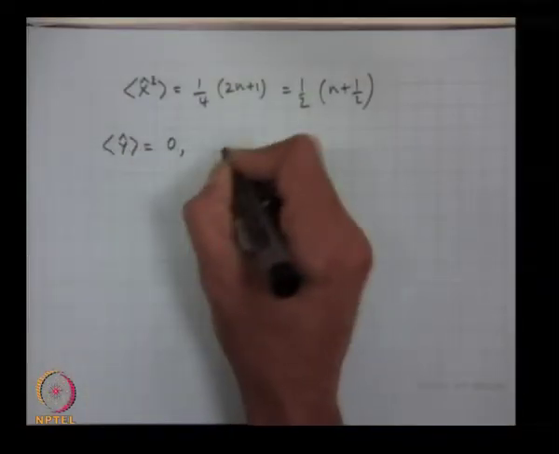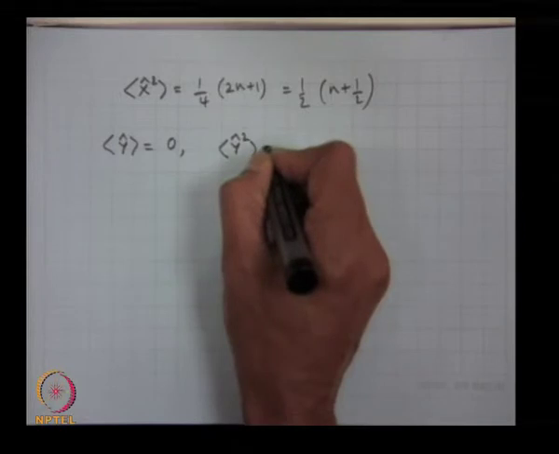Similarly, you can show that the expectation value of y is 0 and the expectation value of y square is half of (n plus half).